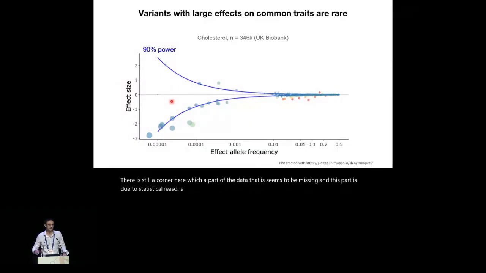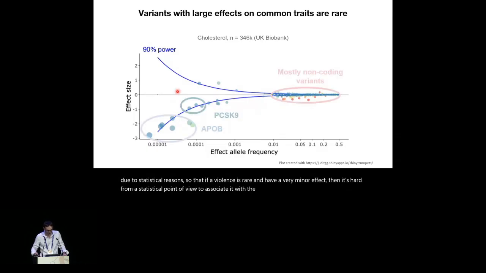If a variant is rare and has a very minor effect, then it's hard from a statistical point of view to associate it with the trait. When we look at the type of variants that we see in this plot, you have on the common variants and the small effects a lot of non-coding variants, and mapping them to genes and pathways is difficult.